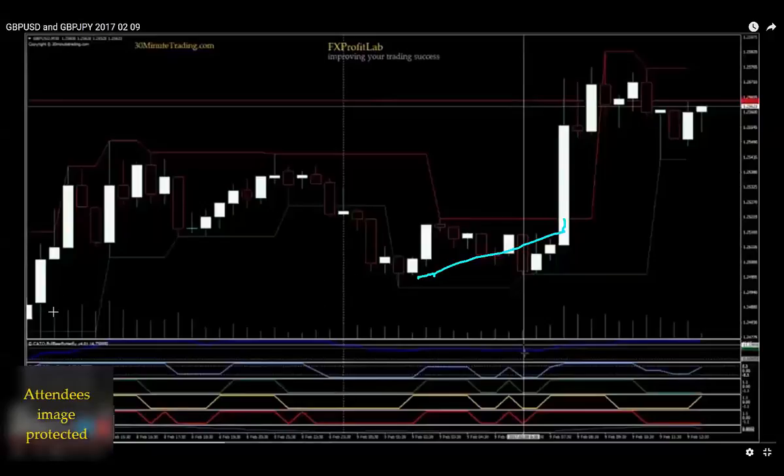What I was saying is that we've got this low there and then another low there. These lines here are part of my indicators, and they're called the Darvas indicators, support and resistance, and they're based on the work of Darvas. And you can see that we've got an interesting thing going on here.